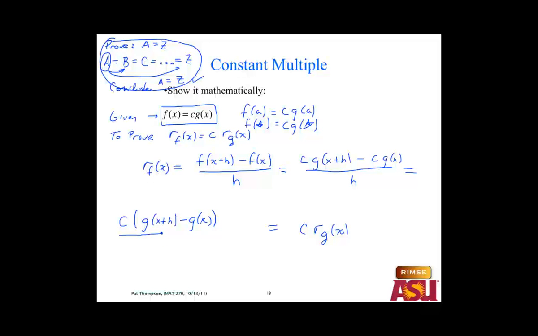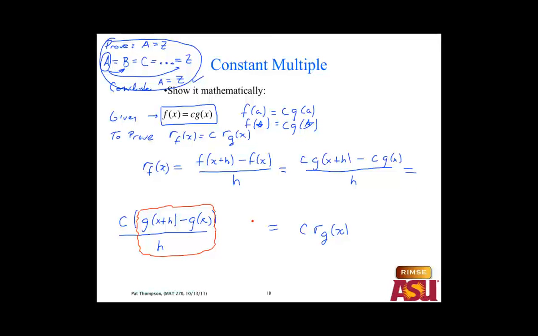We could say that the rate of g with respect to x is equal to g of x plus h minus g of x over h. So what you said was this right here. Do you recognize what that is now?